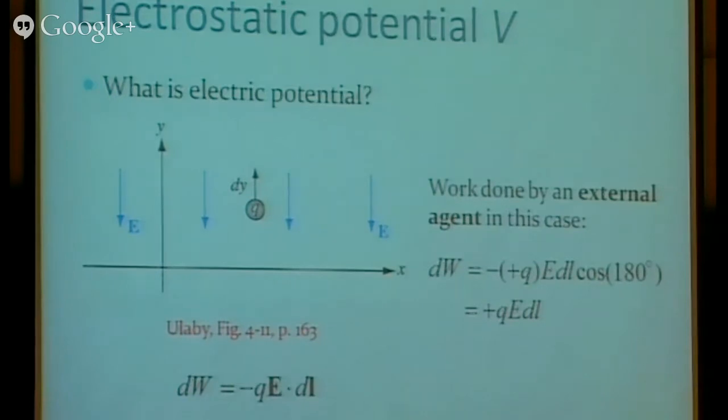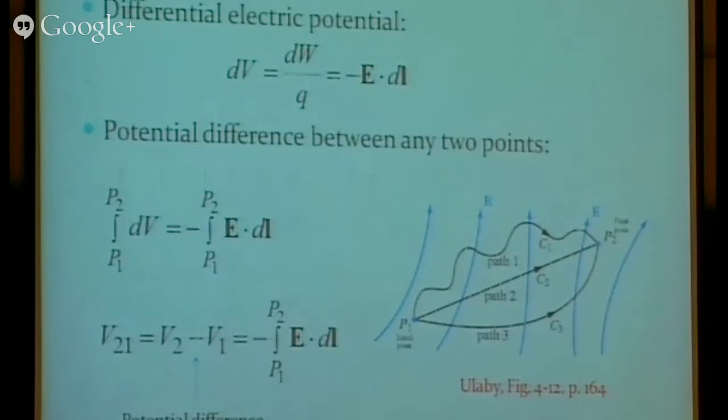It needs to be a dot product because the work done depends on the angle in which the charge is moved. It is starting from this equation that we get differential electric potential, which we define as differential work done per unit charge, and so on. Then it is easy to write the potential difference between any 2 points.